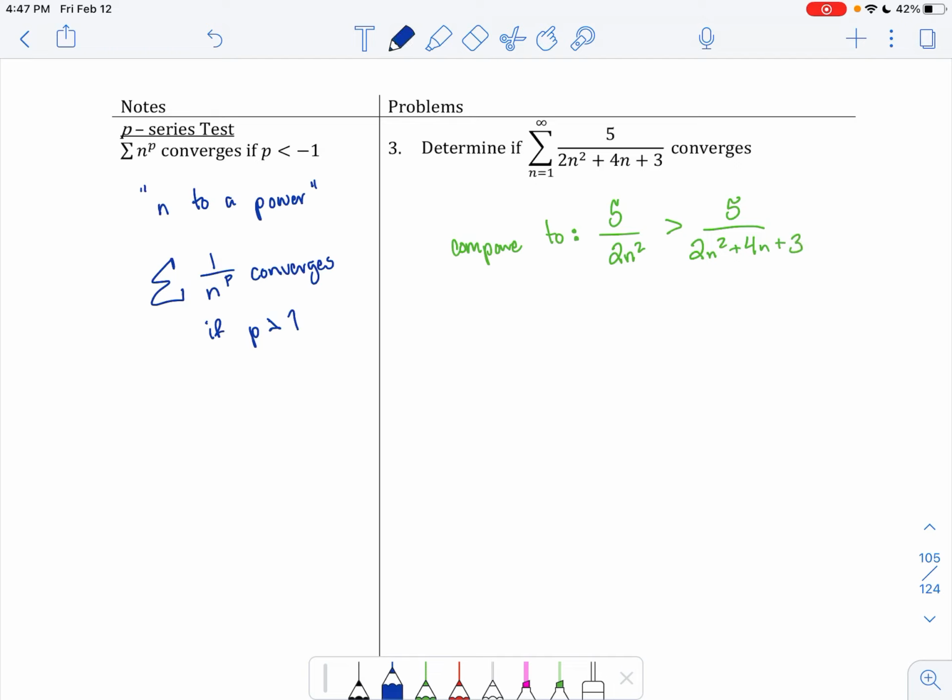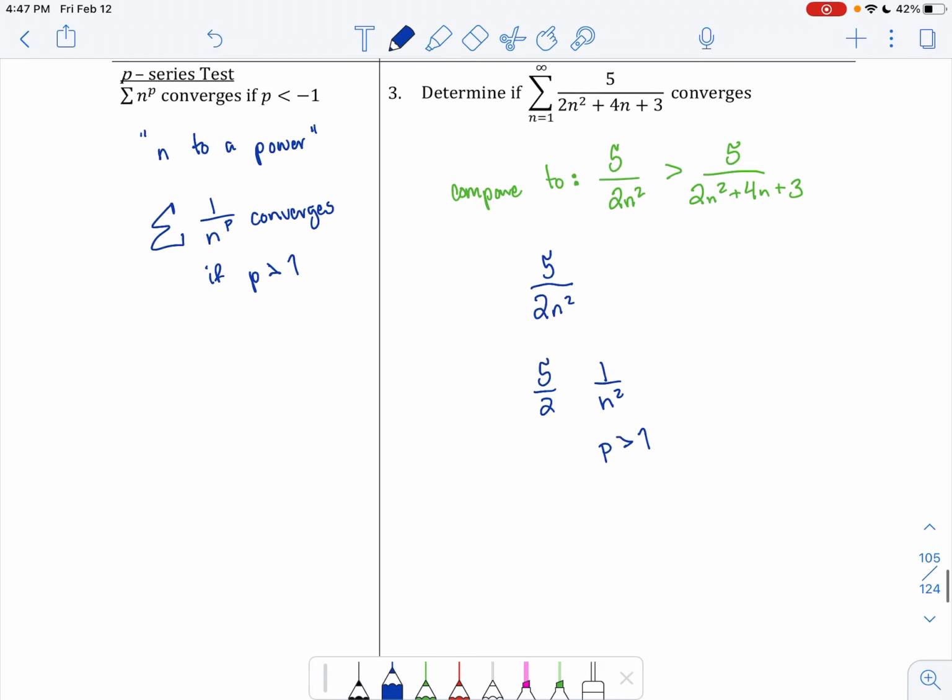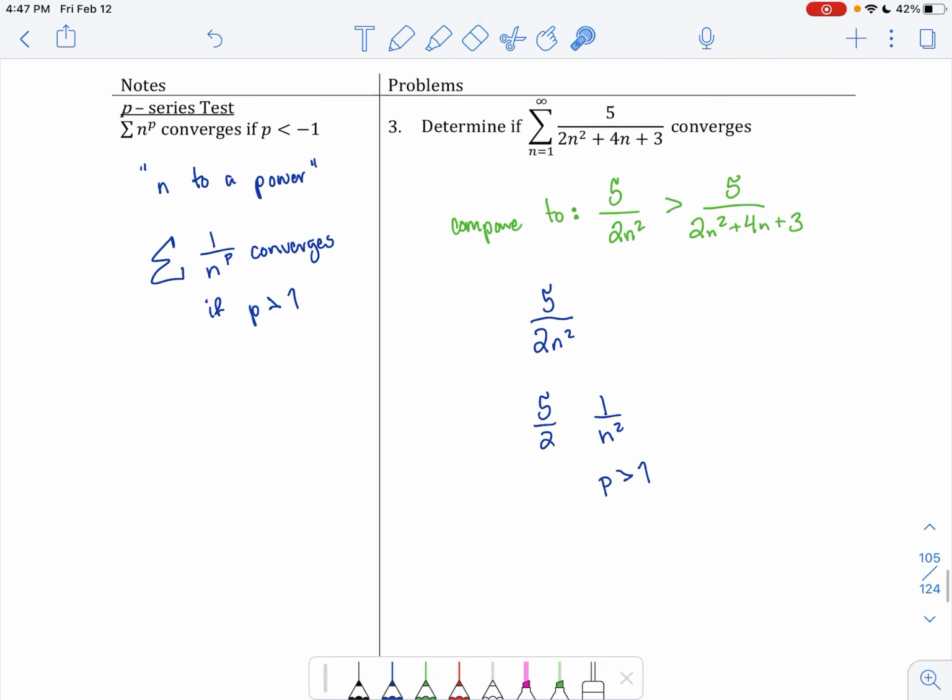Now, this is a p-series, so the series of 5 over 2n squared is 5 over 2 times 1 over n squared, where p is greater than 1, or the power is -2, which is less than 1.